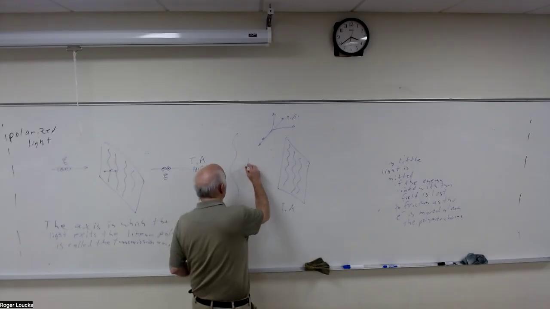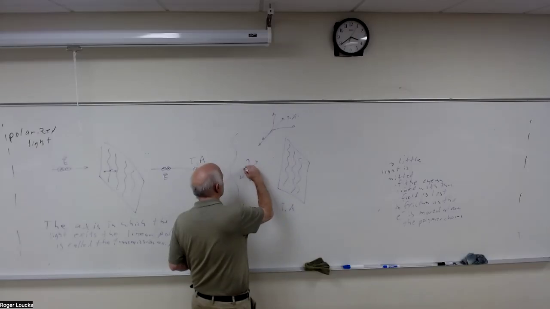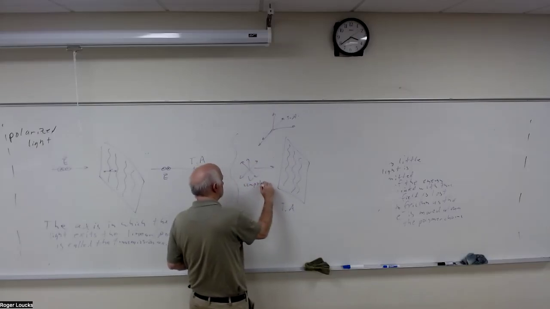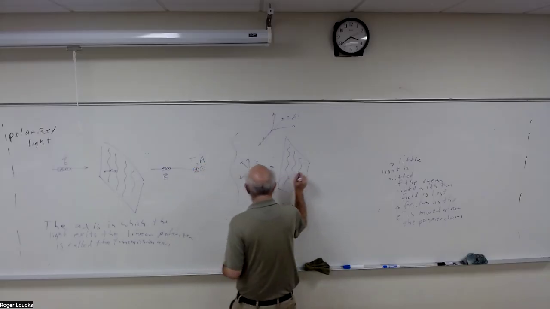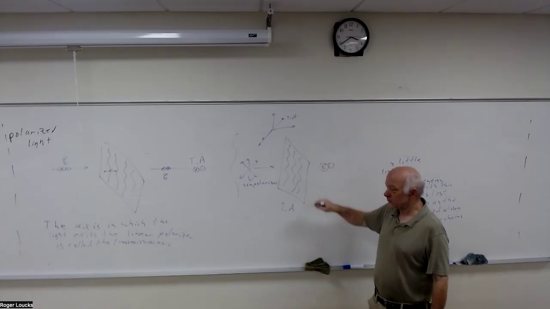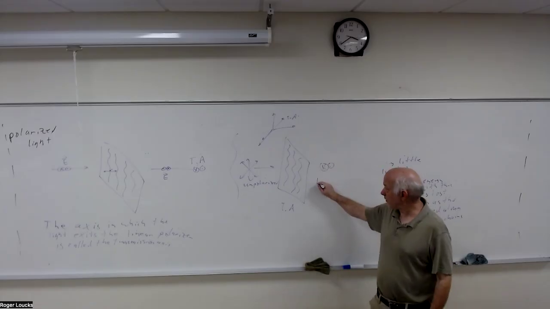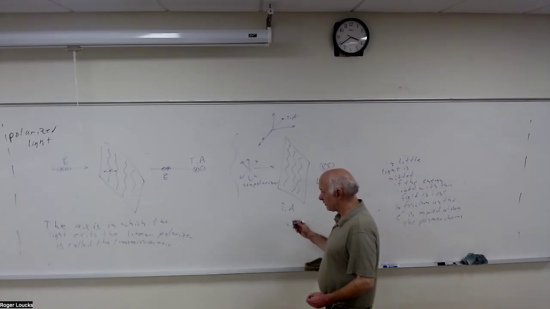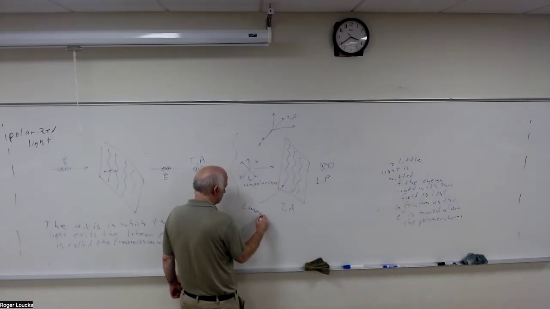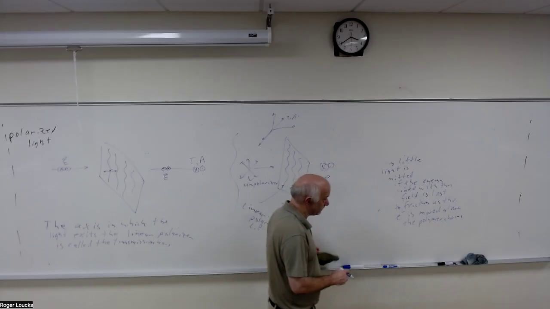If I had unpolarized light like this, what's going to come out through here? Light like this, and this would be linearly polarized. This object here is obviously called a linear polarizer. I just abbreviated it LP. You're going to have a lot of LP.